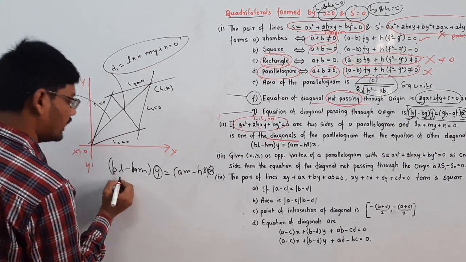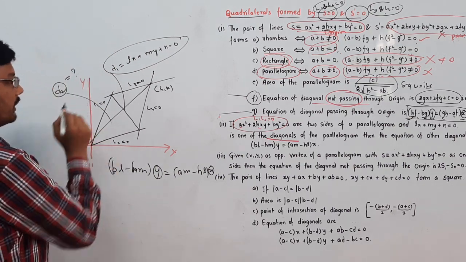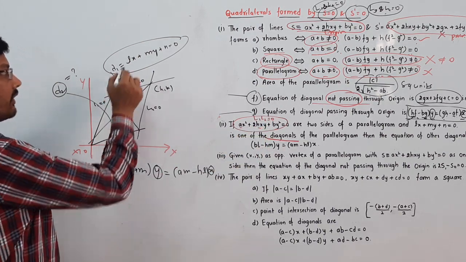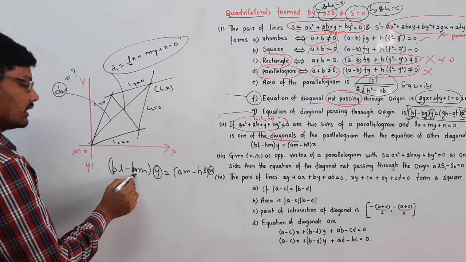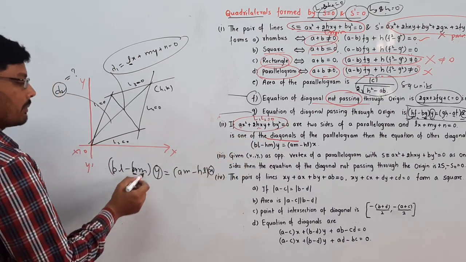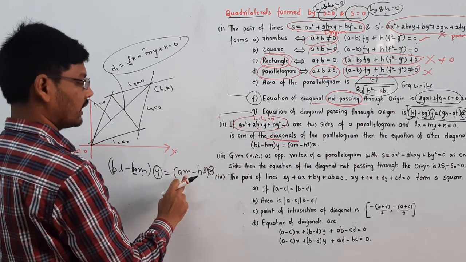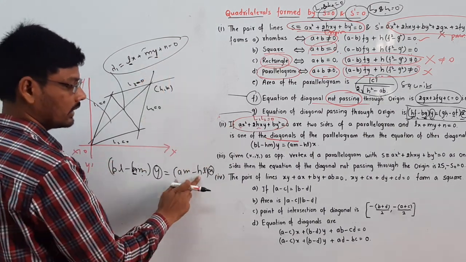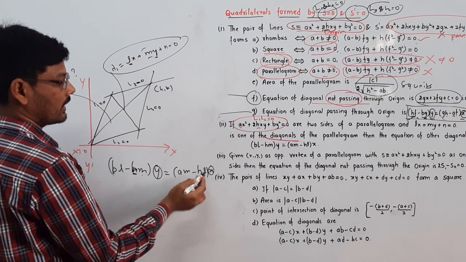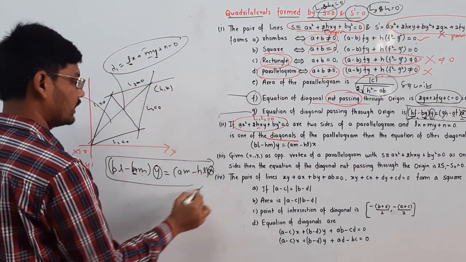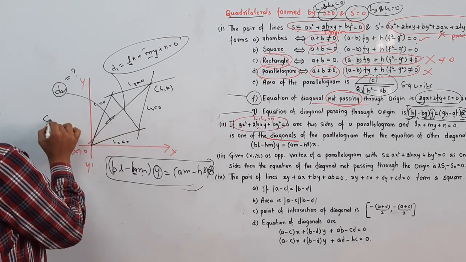Now b is the coefficient of y square, l is the coefficient of x of the line, h is the coefficient of xy, and m is the coefficient of y of the line here. So a is the coefficient of x square, m is the coefficient of y of the line, h is the coefficient of xy, and l is the coefficient of x here. You can substitute the values here, and we get the equation of the second diagonal.